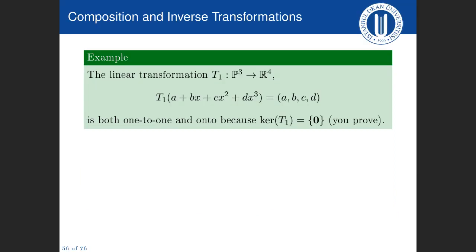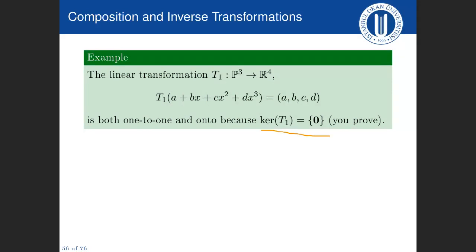Let's think about the linear transformation from P3 to R4, which maps the polynomial a plus bx plus cx squared plus dx cubed to the vector (a, b, c, d). This linear transformation is both 1-to-1 and onto because the kernel of T1 is equal to the set containing only 0.